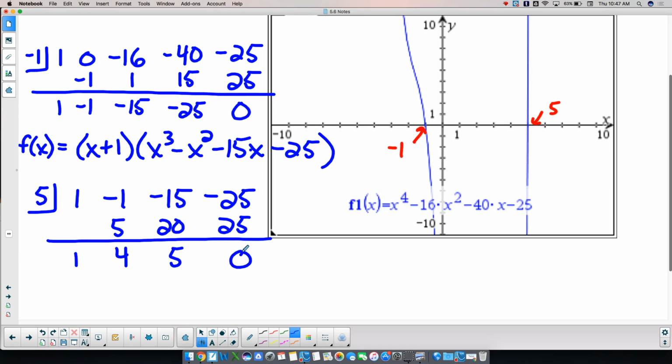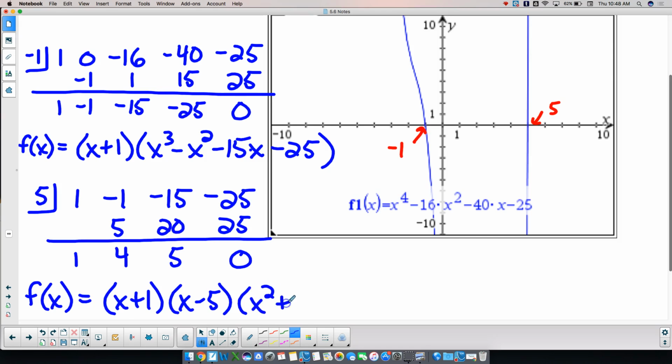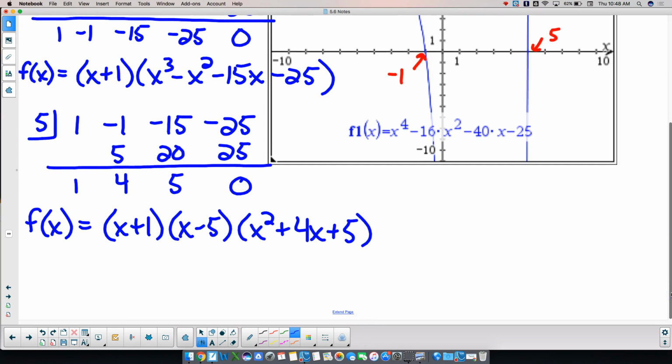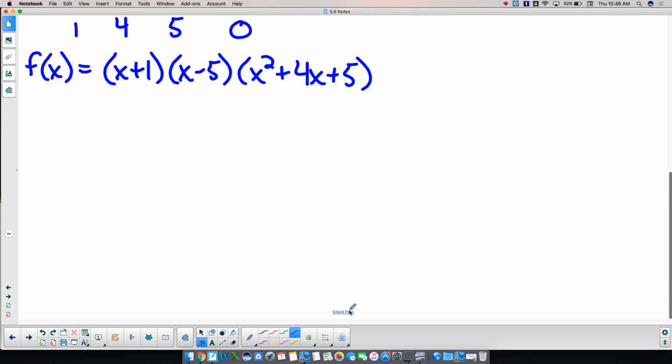So now f of x is x plus 1, x minus 5, and x squared plus 4x plus 5. Unfortunately, x squared plus 4x plus 5 is not factorable.